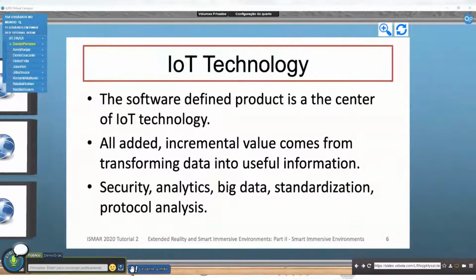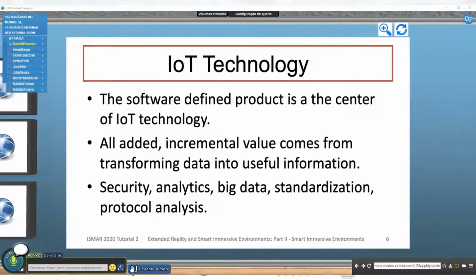And that useful information covers all kinds of aspects, from security and analytics to look at the big data, and then for that we also need to look at standardization and perhaps protocol analysis, what happens at the wire, and how that impacts all the layers up.